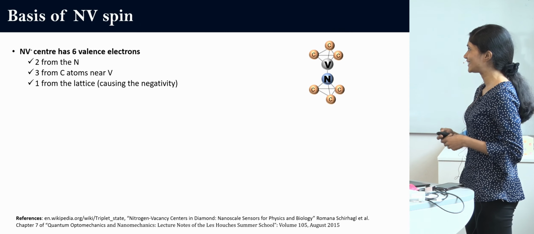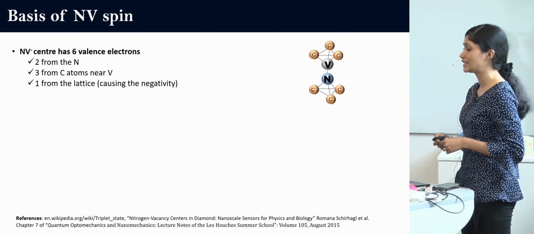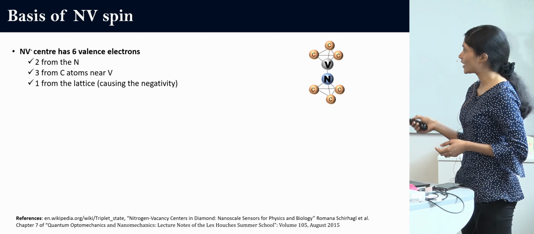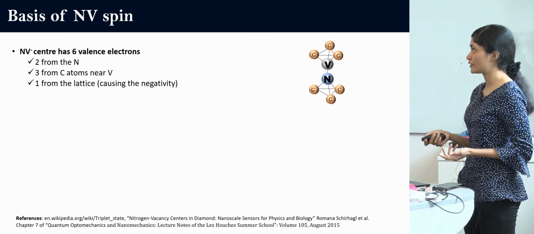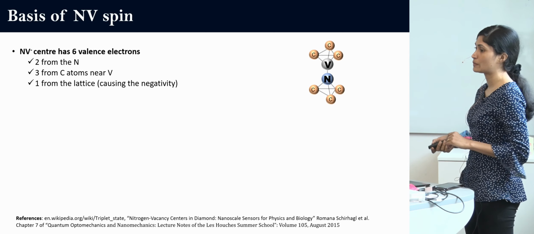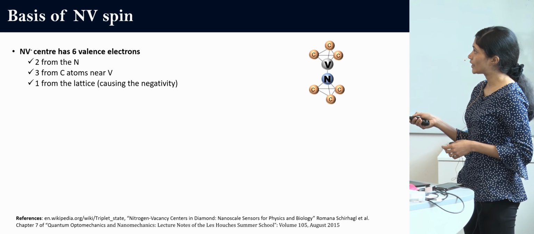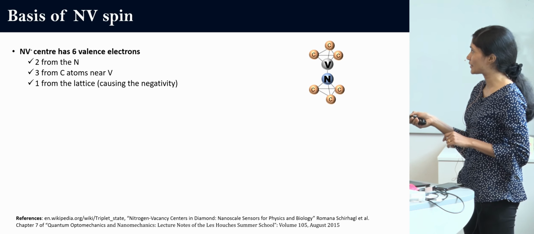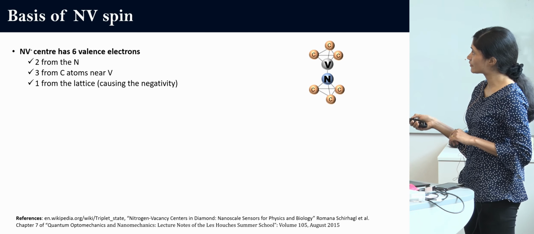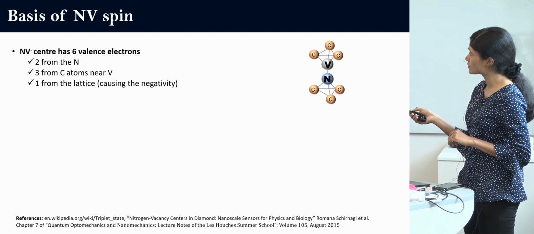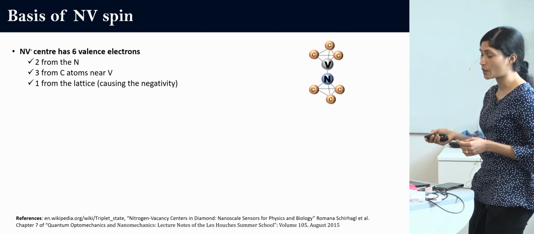To understand how the spin dependent brightness happens, let's first see how the NV Center gets its spin. So the NV Center, particularly the NV- center, which is what we usually refer to when we say NV Center, because the NV- is the most useful for many applications, has two valence electrons coming from the nitrogen atom, and then three valence electrons coming from the carbon atoms surrounding the vacancy, which are bound to nothing because the vacancy is just a missing carbon atom.